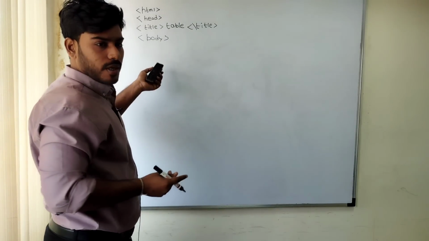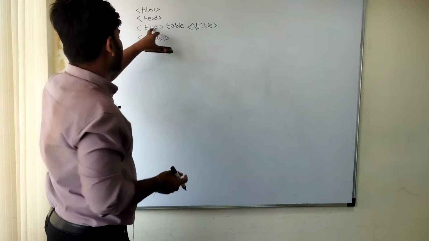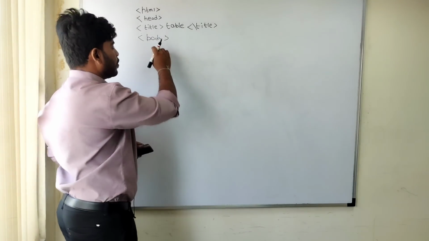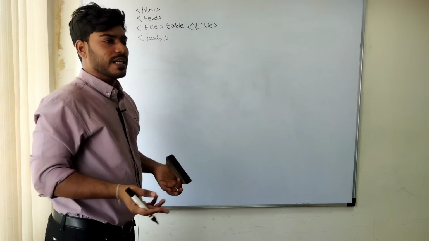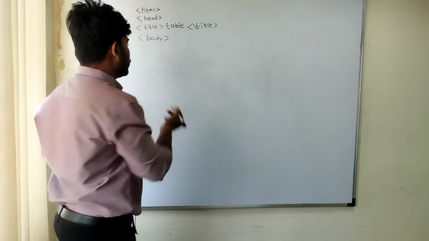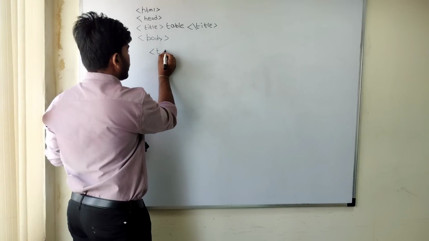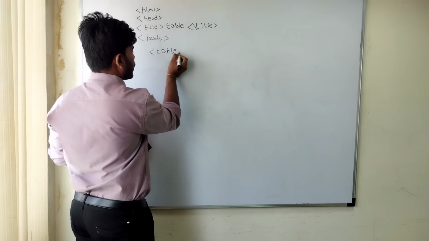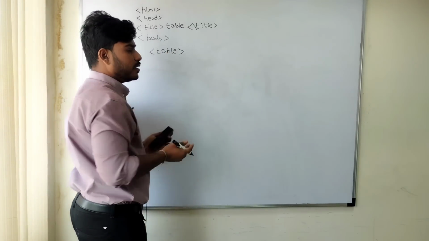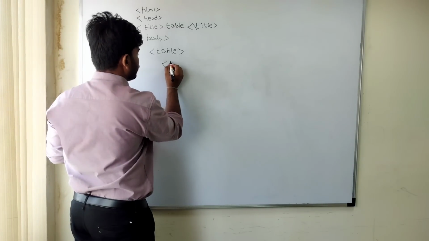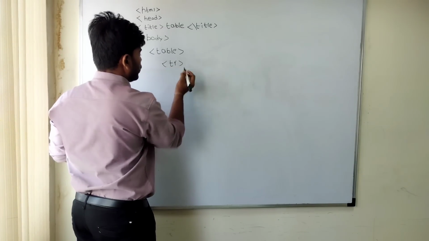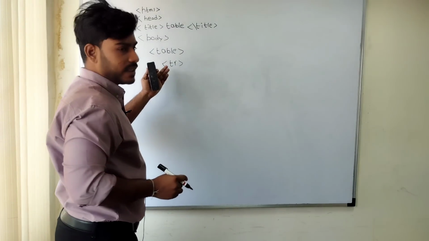Inside the body only we have to write all the code. So the title is table. Now I want to create a table. Table tag means first we have to create one table. So I take the table tag. Inside the table tag I created a table row, and the tag for the table row is tr.